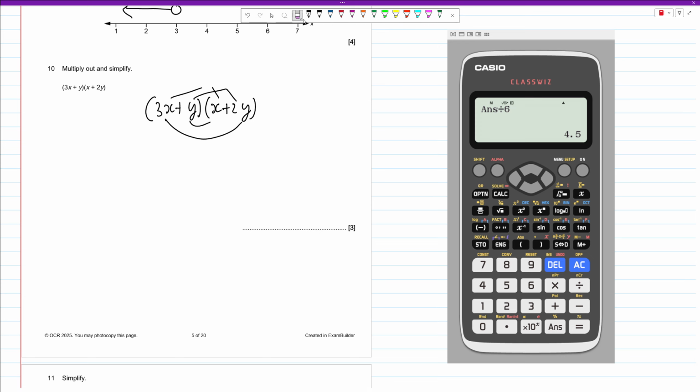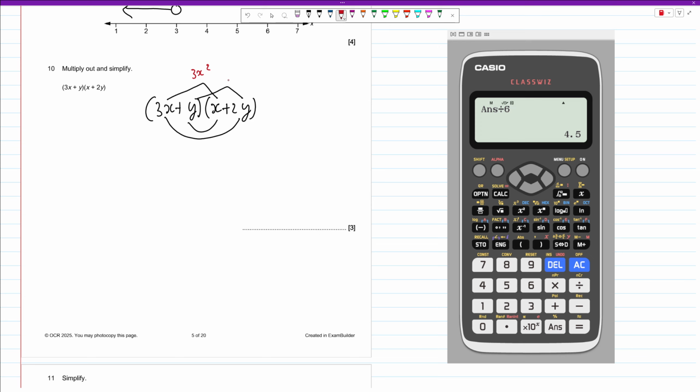We've done this one in lessons, but it has been a while. You start with your double brackets and you draw a line connecting each thing on one side to everything on the other. So this 3x is connected to this x, and this 3x is connected to this 2y. They are all connected together. Now I multiply along those lines. So 3x multiplied by x gives me 3x squared.